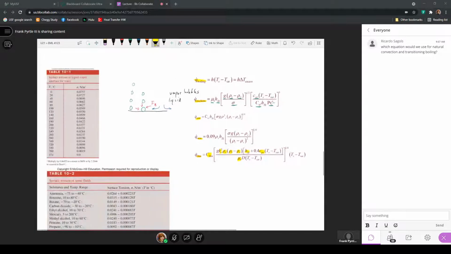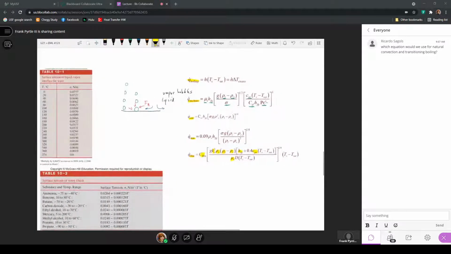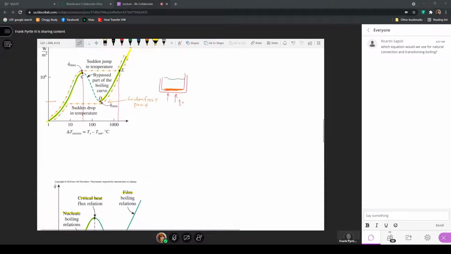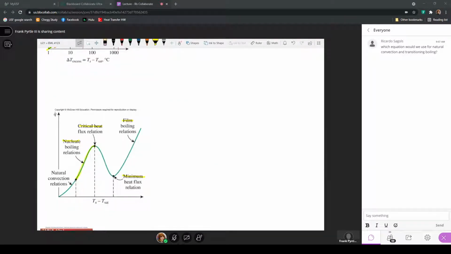Because again, when we look at the expression of the pool boiling curve, now I can just use this one. If I have a particular heat flux that I want to get into the fluid, I could do it in the nucleate pool boiling range, or I can do it in the film boiling range.